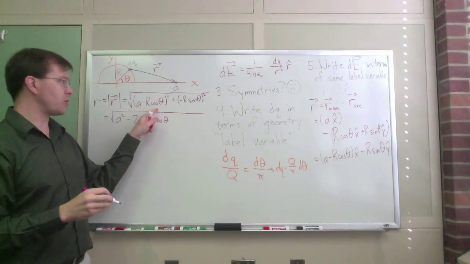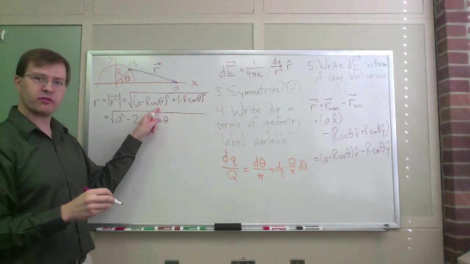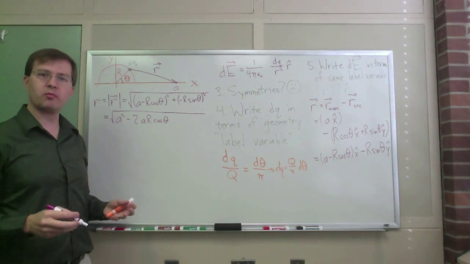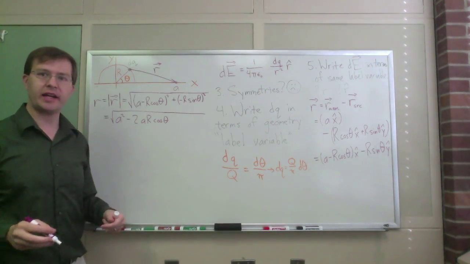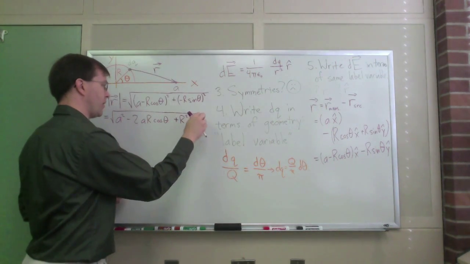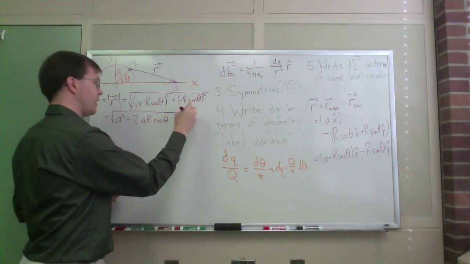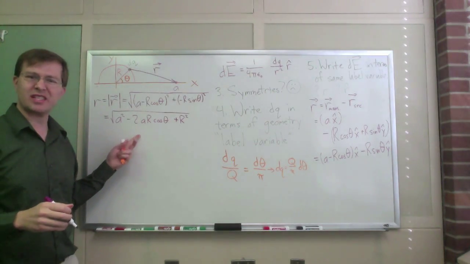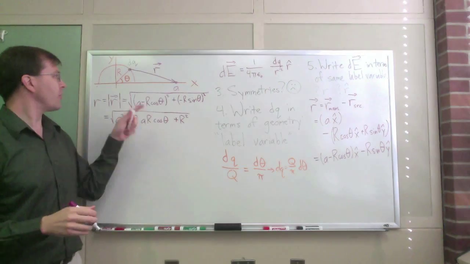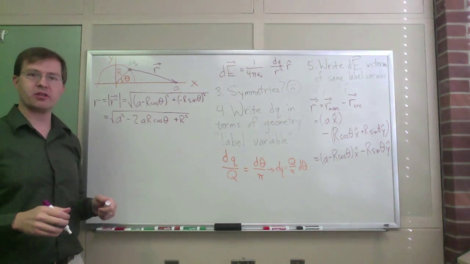R squared cosine squared theta will be the last term from squaring this, and r squared sine squared theta, hey, cosine squared plus sine squared equals 1. If you know only one trig identity, that should be the one. This adds up to just be r squared. So I don't know if this is any simpler, but this is my distance r from the source point to my measurement point.